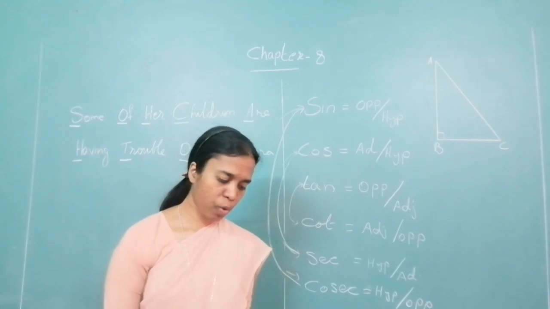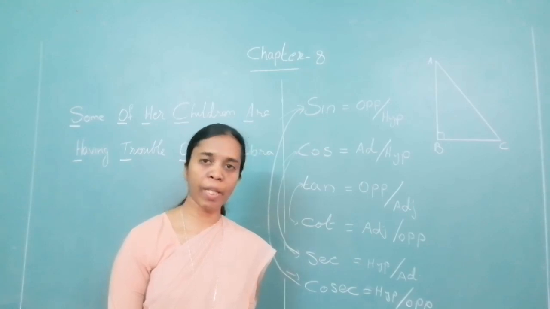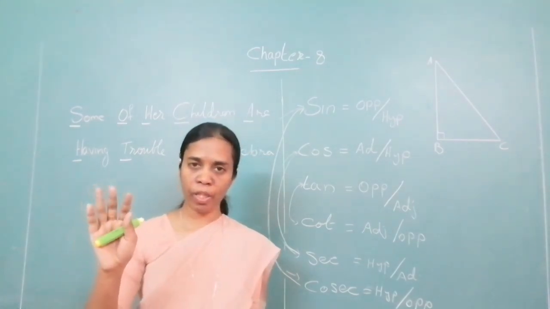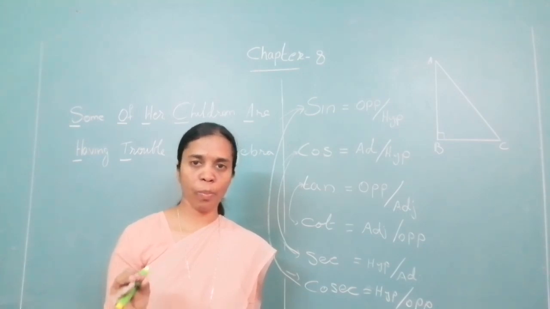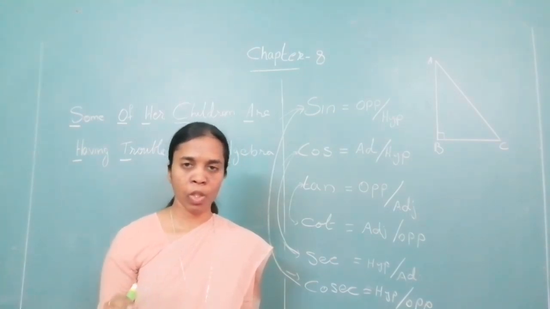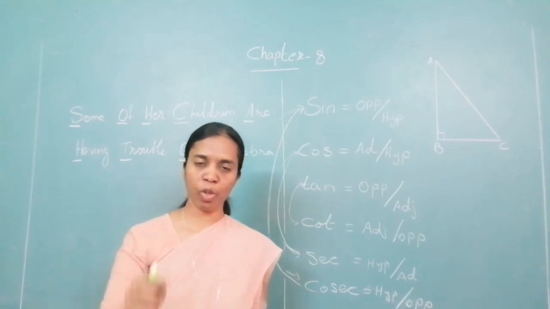In the figure 8.12 you have the diagram over there. Angle R is the right angle of the figure. Find the following ratios. Sine P. So keep your hand at P. Now sine P. Sine is what? Opposite upon hypotenuse. So look at P and look at which is the opposite of P. So first you write the formula.